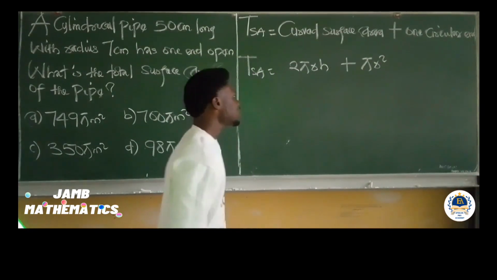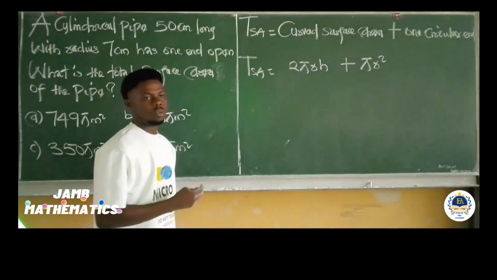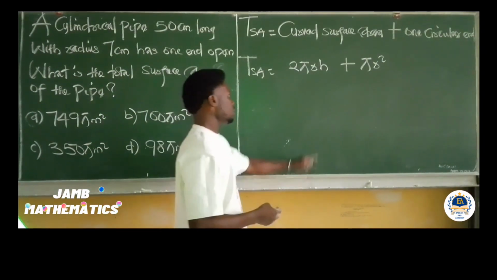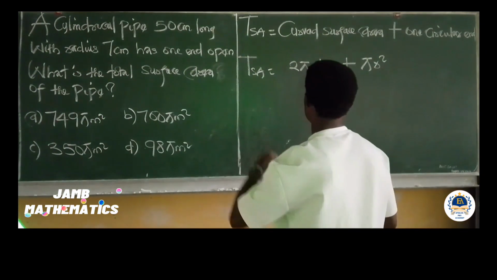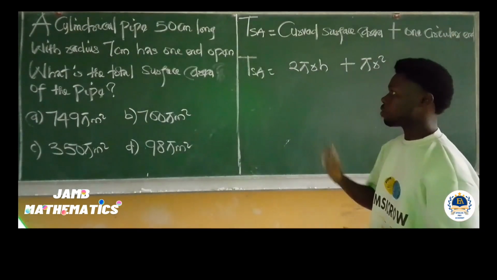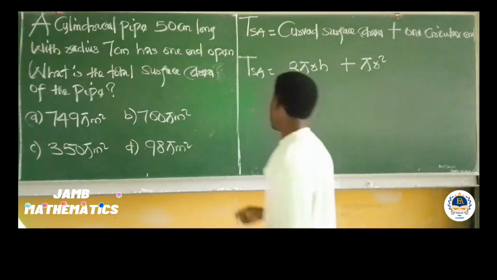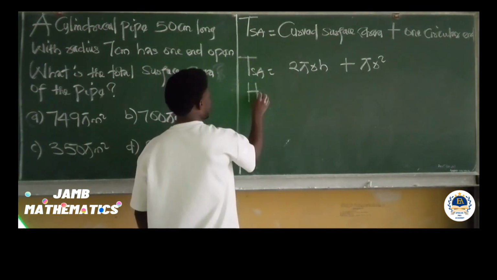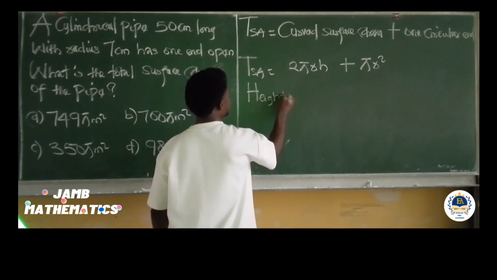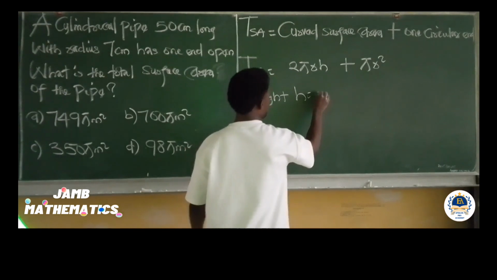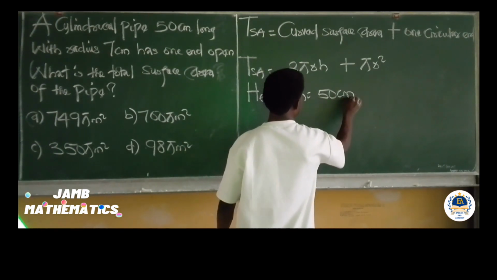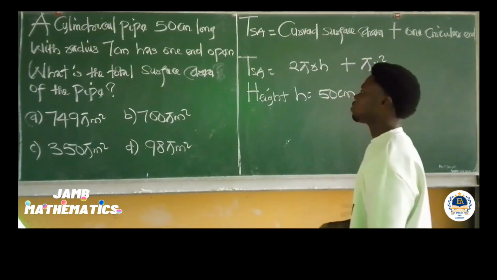So at this point, pi is given as 22/7, whereas the radius is given and the height is also given. So from the question, the circular pipe 50 centimeters long, the height h is equal to 50 cm with radius 7 centimeters.